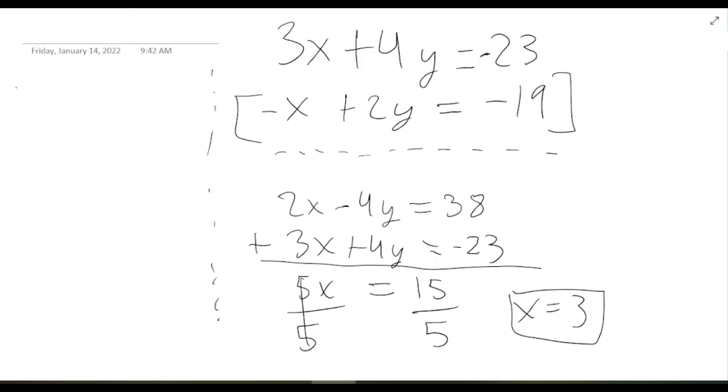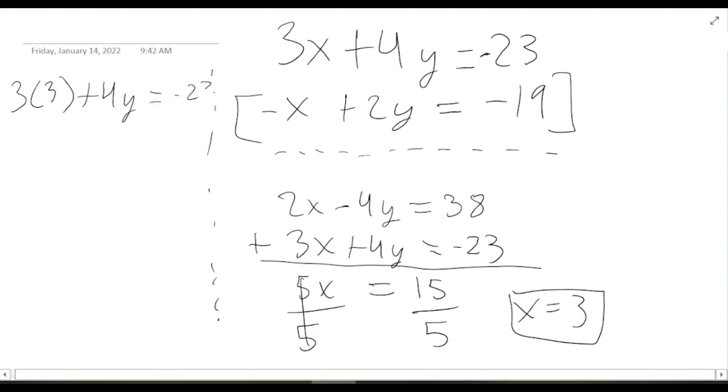So 3 times x, which is 3, plus 4y equals negative 23. So 3 times 3 is 9. And then plus 4y equals negative 23. We're going to subtract 9 on both sides, so this cancels out, and we can subtract 9 there.